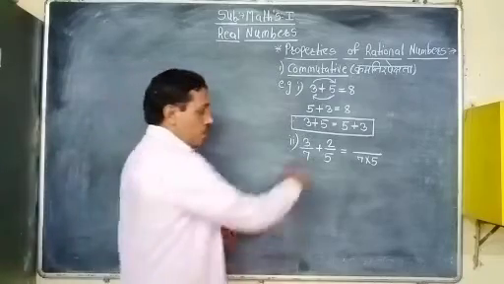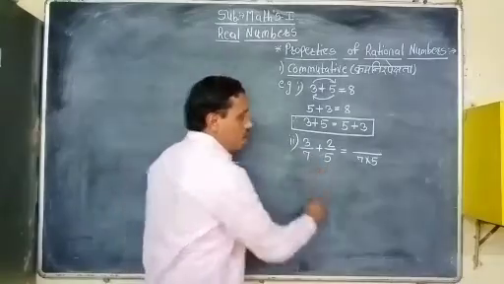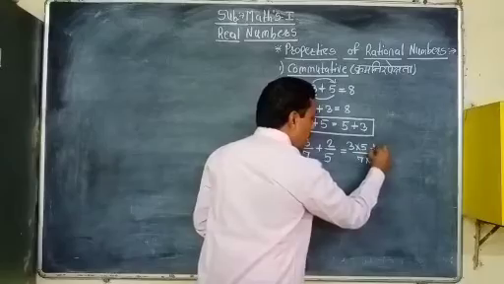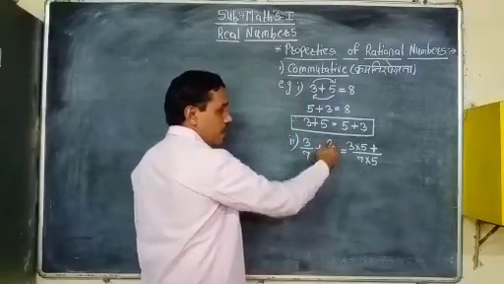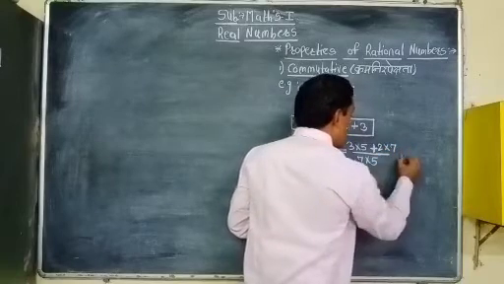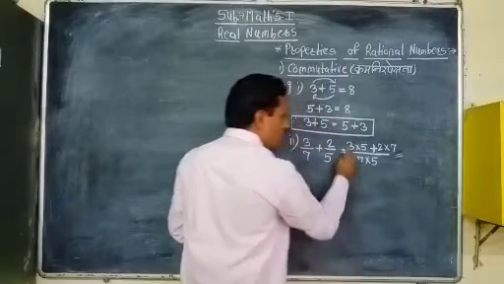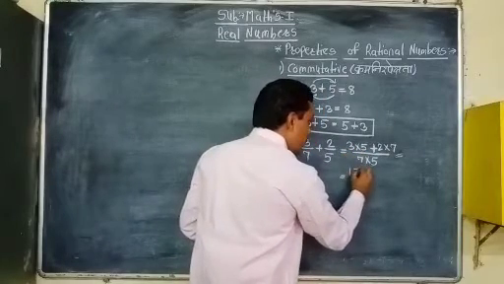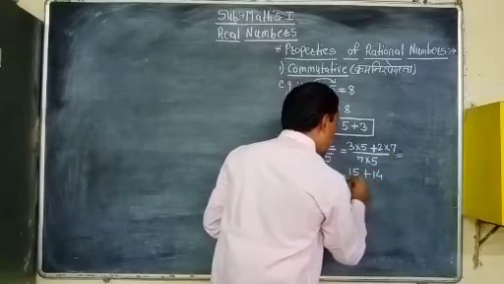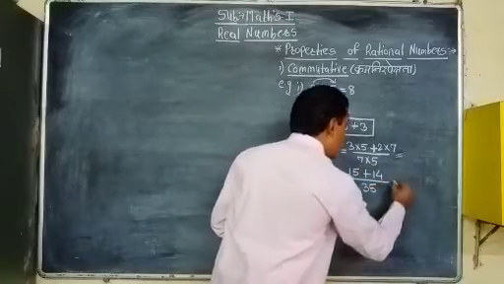And then we do the cross multiplication. So 3 is multiplied by 5, and then 7 is multiplied by 2. So we get the answer: 5 3s are 15, 2 7s are 14, and 7 5s are 35.